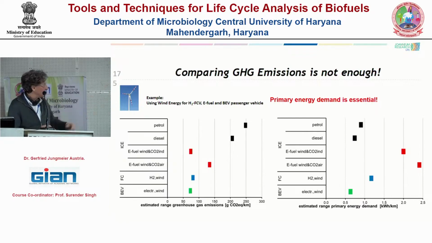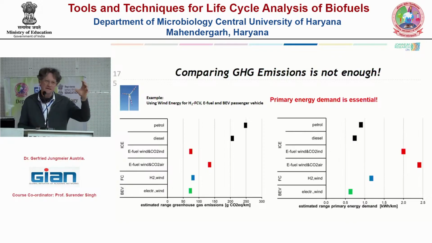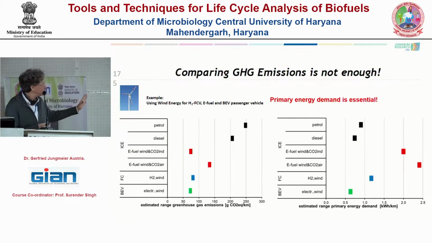And the red ones here, the e-fuels, you see they need 4 or 5 times more energy because they're starting with water and CO2. I explained this to you also on Monday morning. So it's very important to compare the same systems, looking at the primary energy demand.